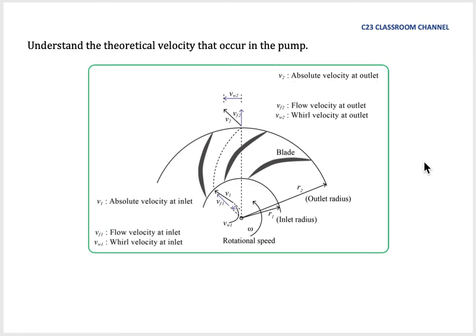Okay, now we forget about the U1 and VR1. We are focusing on another velocity component that relates to the theoretical. In the first session, when we drew the actual velocity V1 and V2, I asked you not to draw the velocity V1 or V2 here parallel with the radial.